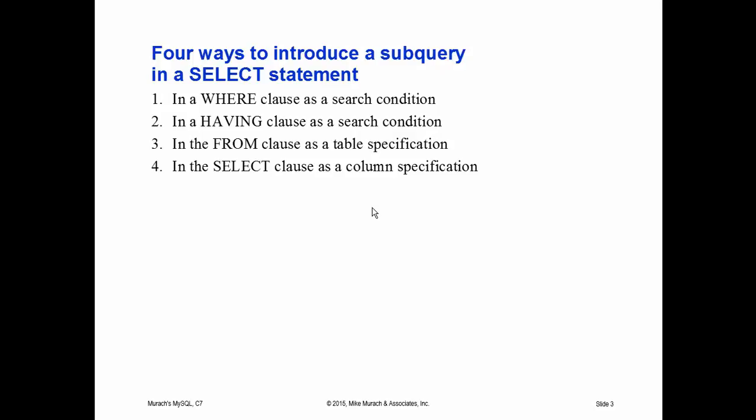With a where, you're not doing grouping. With a having, you're doing grouping. You can also have a where and a having in the same query, but then it implies that you're doing some kind of grouping, and the where does a search condition before the grouping has happened. The having does it after it has happened.